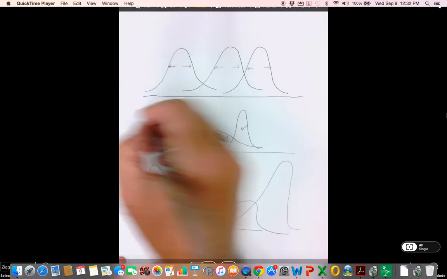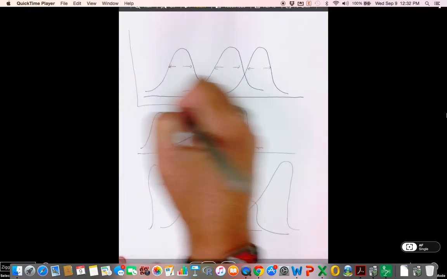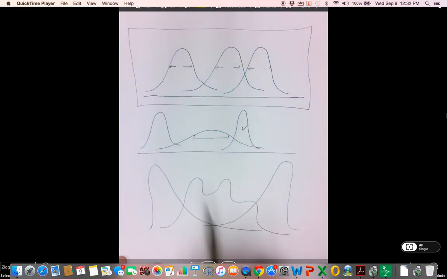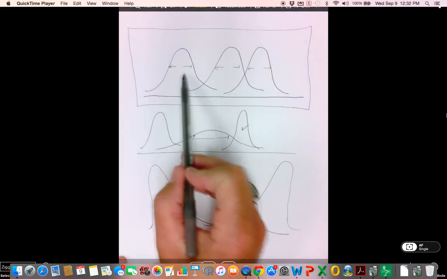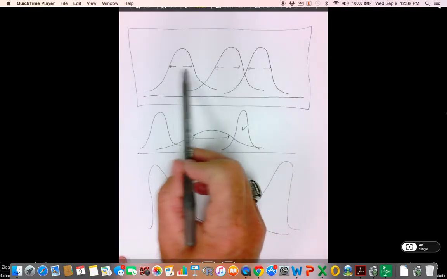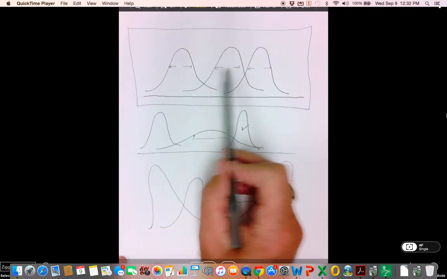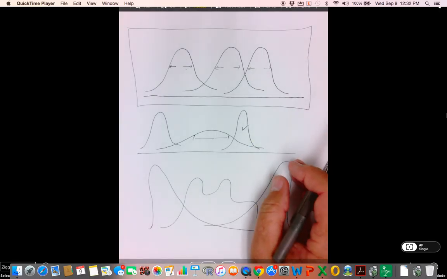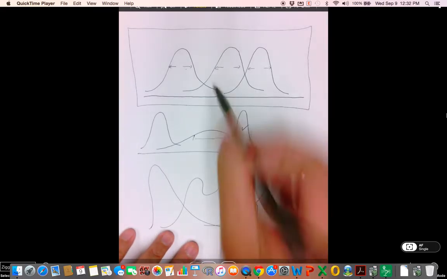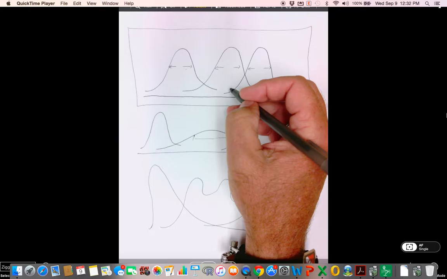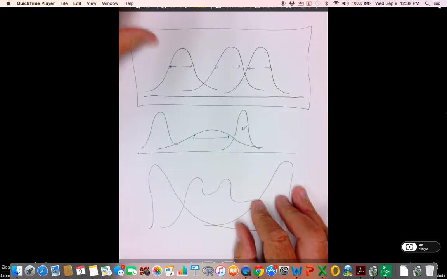So we work with the assumption that, again, we have normal distributions, and that they have the same shape, the same variance, okay? Well, here's what happens. Let me back up here a little bit.